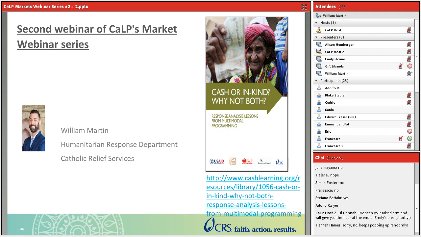Also, the respondents felt the human resources cost of preparing or maintaining multiple pipelines for more or less simultaneous delivery was high. So that suggests that it may not be reasonable to have simultaneous distribution of multiple types of goods and services, particularly at the beginning of the project.